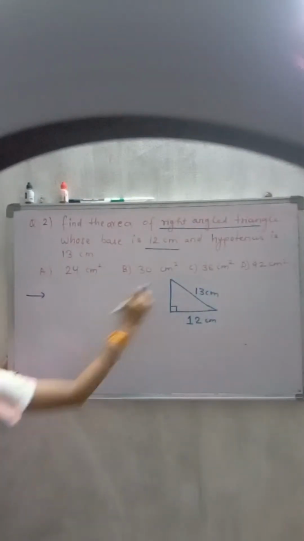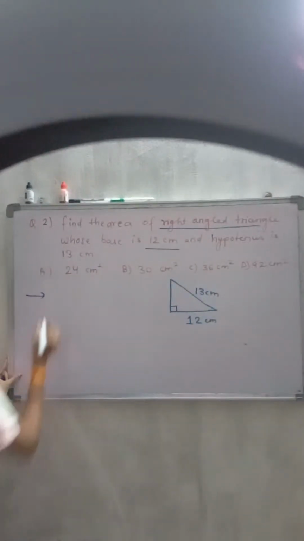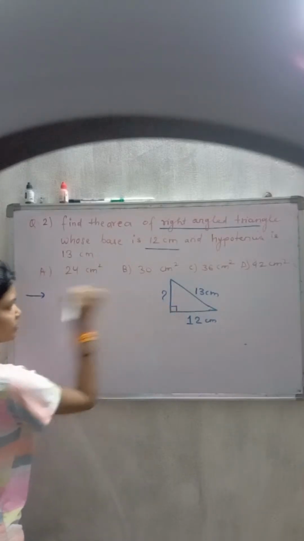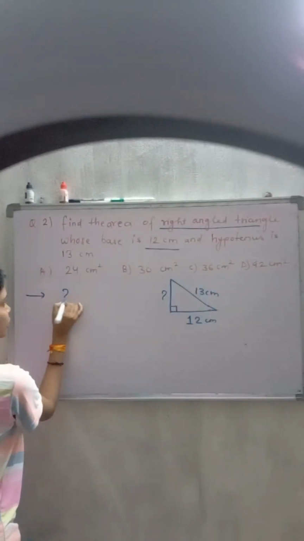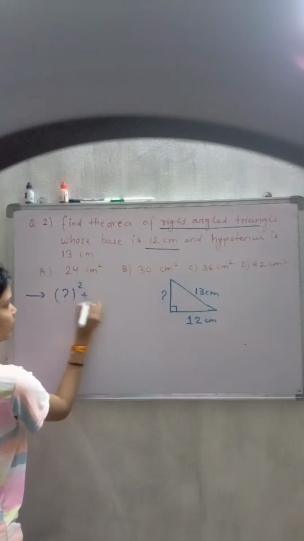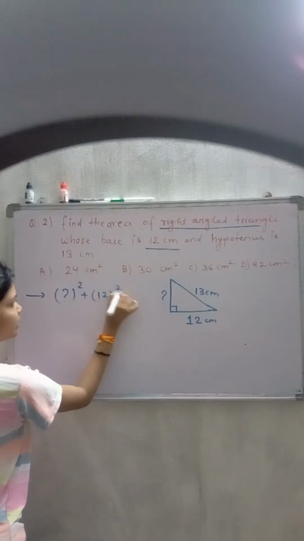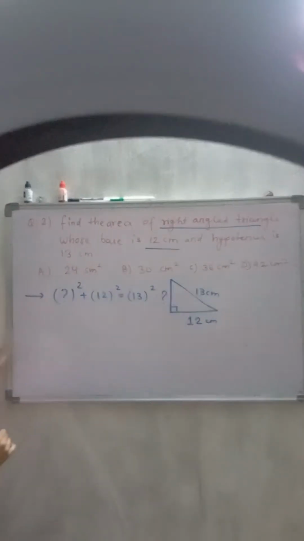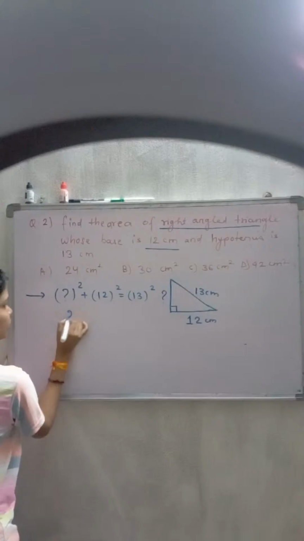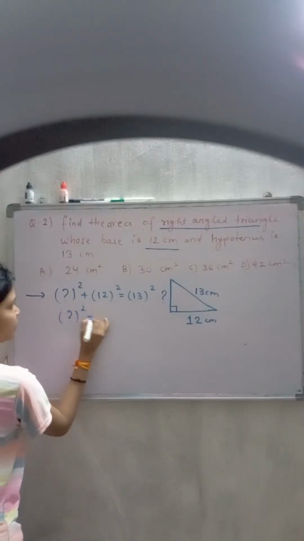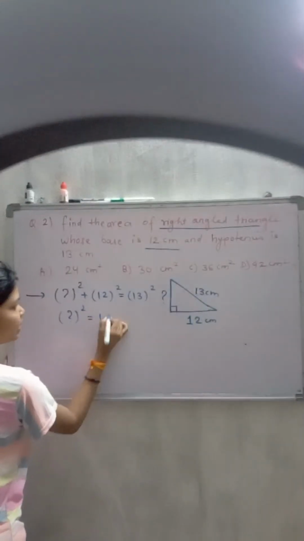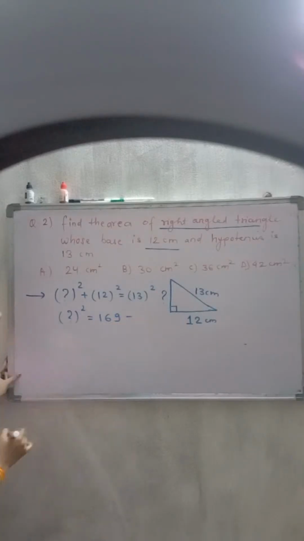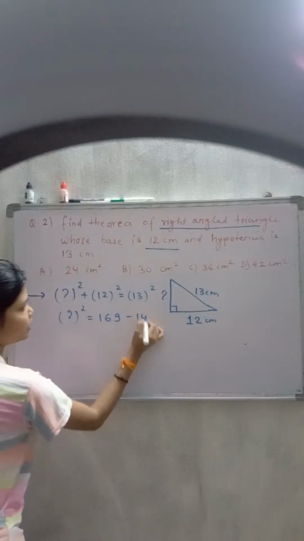To get the height, we will use the Pythagoras theorem. By Pythagoras theorem, we know that this question mark square plus 12 square is equal to 13 square. So this question mark square will be equal to 13 square, which is 169, minus 12 square, which is 144.